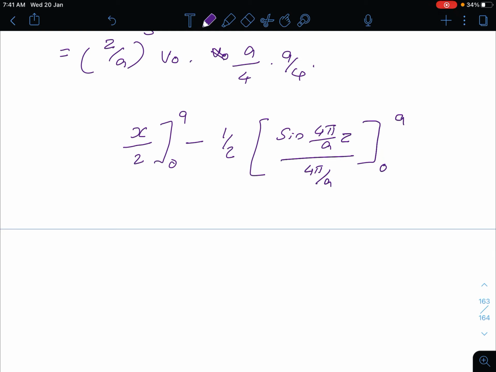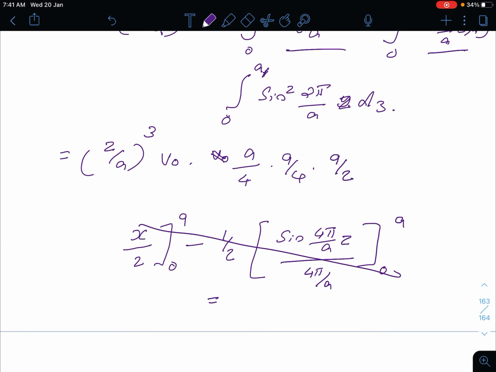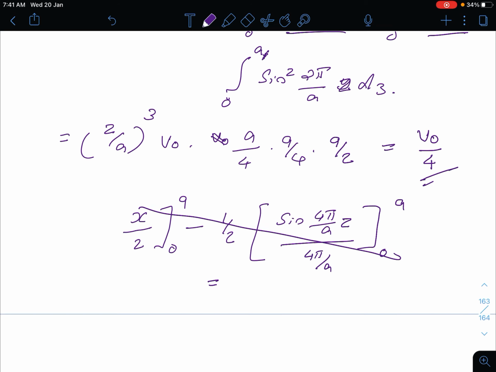When I put z equal to a, this is sine 4 pi, which is again 0. When I put z equal to 0, this is again 0. So don't worry about this. This is simply a by 2. So on solving this, you will again get V0 by 4.